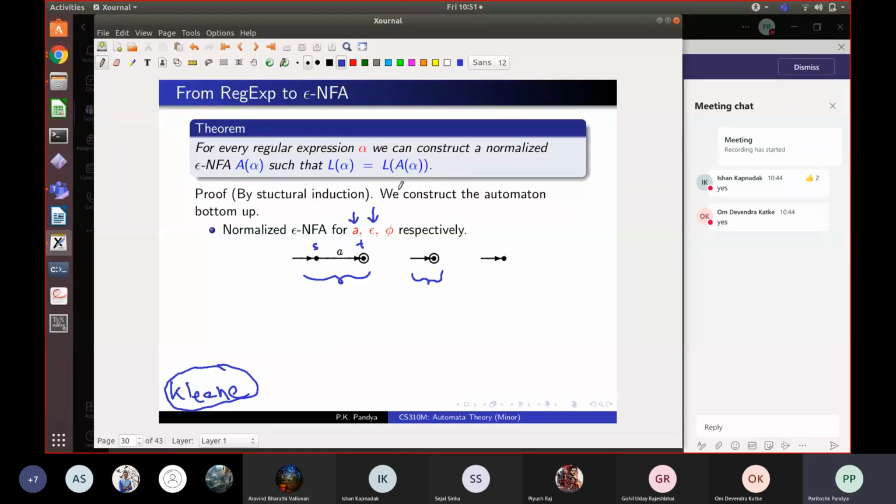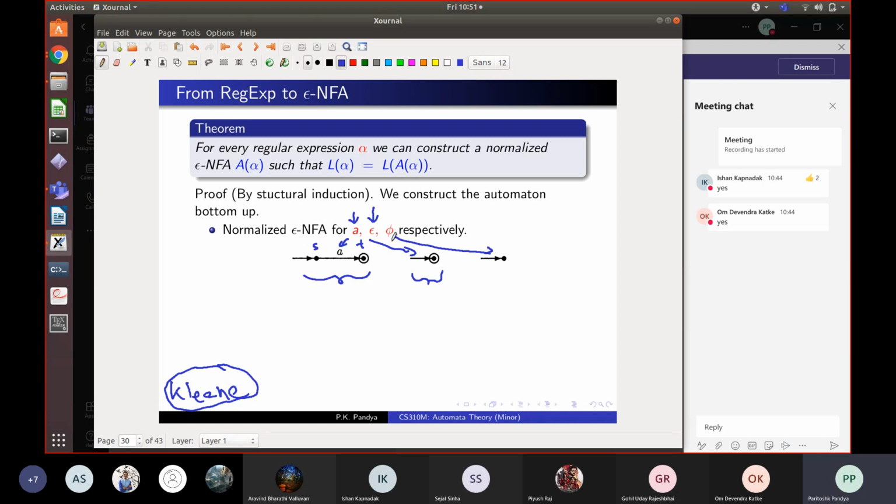Any confusion here? So we convert a into this automaton, epsilon into this automaton, and phi into this automaton, right? So wherever a occurs, we'll have this sub-automaton. Wherever epsilon occurs in the pattern, we'll have this sub-automaton for it. And wherever phi occurs, we'll have this sub-automaton for it. Idea is clear.